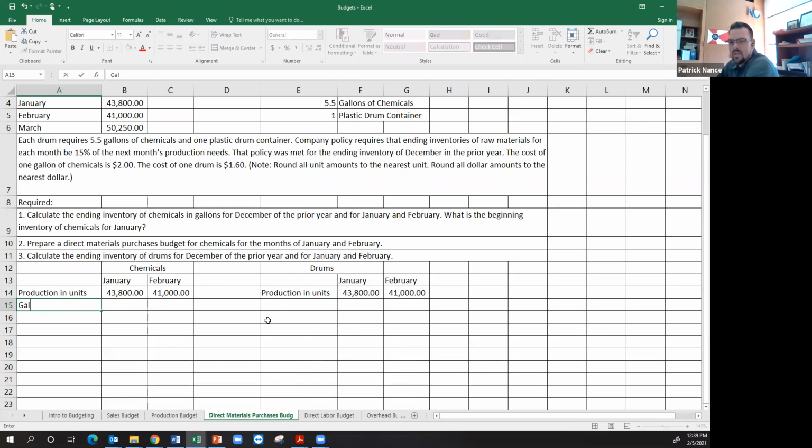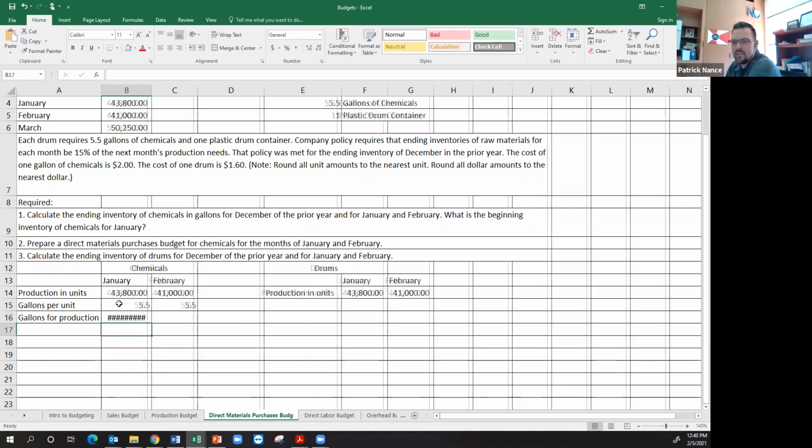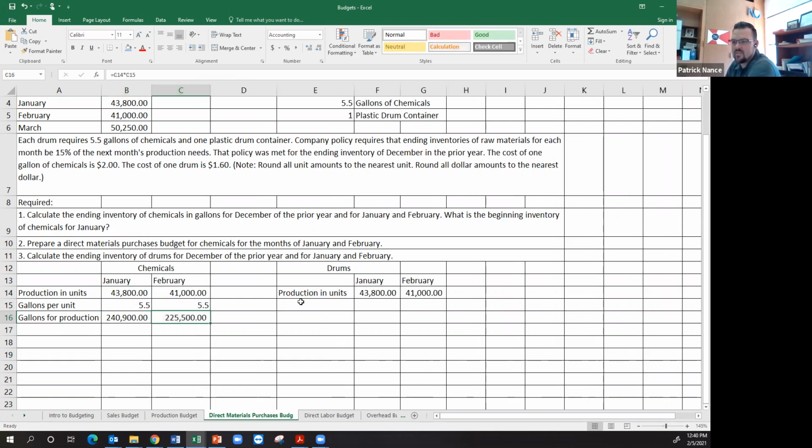So gallons per unit, I need 5.5 gallons for each unit. So I can simply multiply those. Gallons for production: to produce the 43,800 that I had, I need 240,900 gallons. And for February, for the 41,000, I need 225,500.